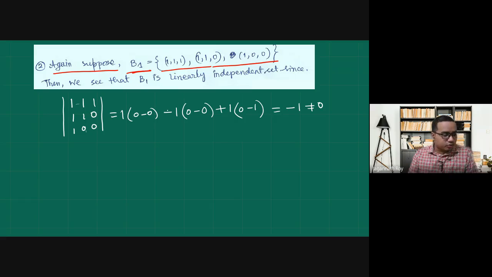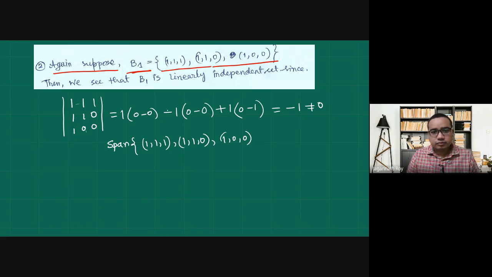Now the task is to show whether any vector can be written in this form, that is, whether the span of (1, 1, 1), (1, 1, 0), (1, 0, 0) is equal to R3 or not.